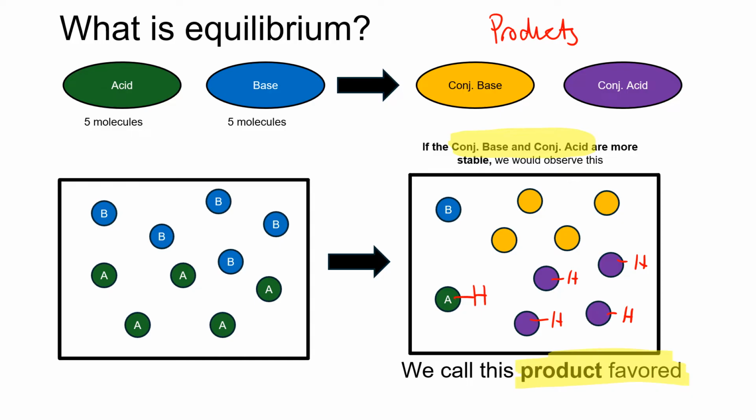You can imagine when we start using real molecules, you'll be able to use what you know about stability to predict whether the conjugate base and conjugate acid are stronger or weaker, more stable or less stable. Okay, so in this example, when we have a product favored equilibrium, the conjugate base and conjugate acid are more stable compared to the acid and base side.